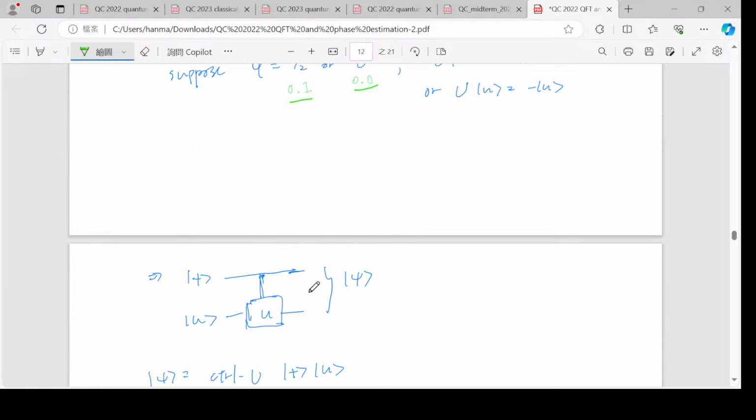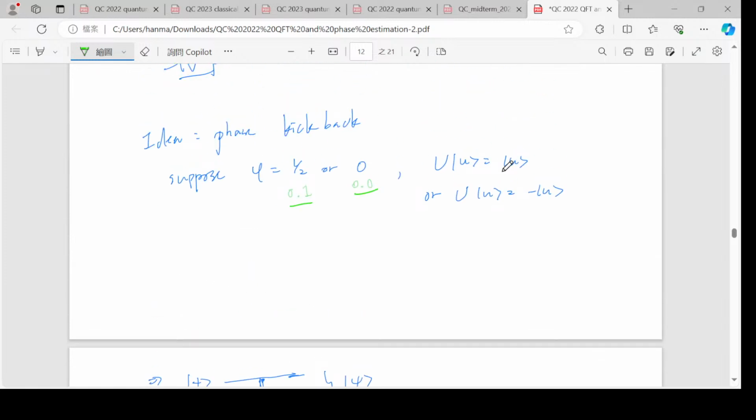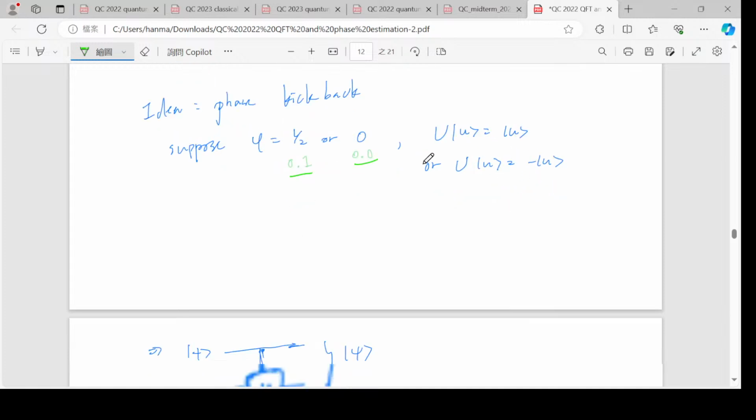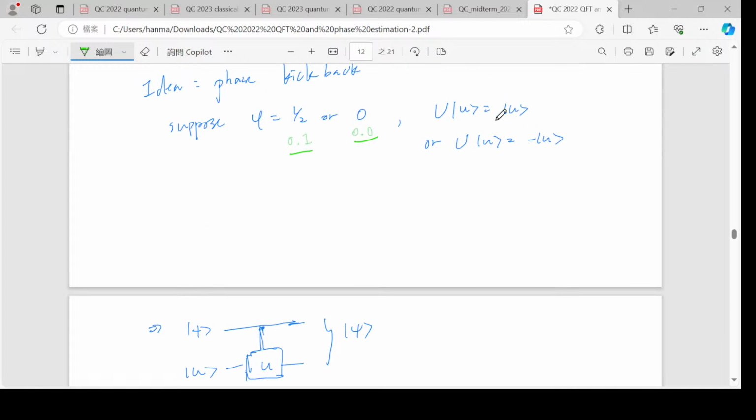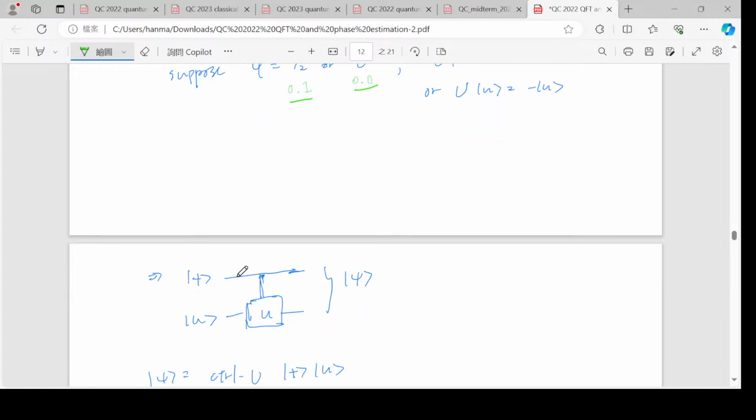Okay. And because this -1, this +1 to the something thing, is very similar to our first version of our code, right? I guess it's easier to just analyze this circuit now here. So plus state and u here, and this u is the eigenvector u here, and so you put the plus state on the first register, and you control on this plus state.